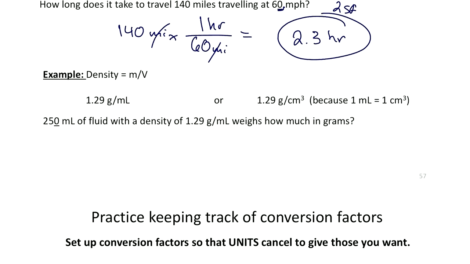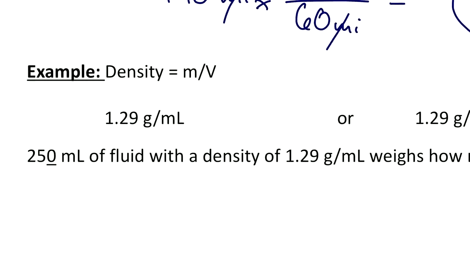Okay, so practicing derived units, and the trick there, the denominator gets an implied 1. So here's density. The density of something is 1.29 grams per milliliter. So let's write an equality. What would the equality look like? We take the top number and unit and we set it equal to the bottom unit with an inferred 1.